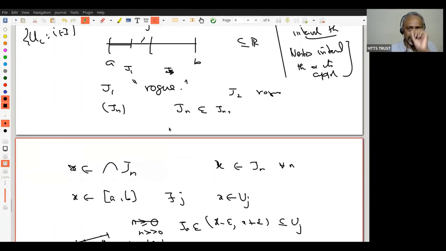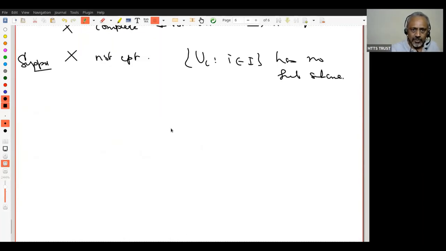That is where the total boundedness comes in. So let us say epsilon equals 1 by k, where k is a natural number. Now remember, X is totally bounded. Therefore, for this epsilon, there exists an epsilon net.